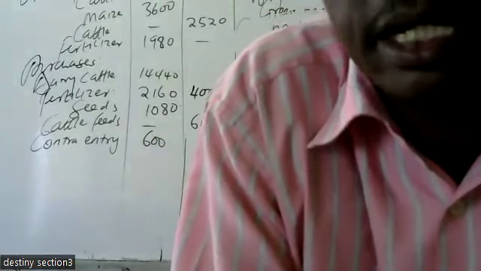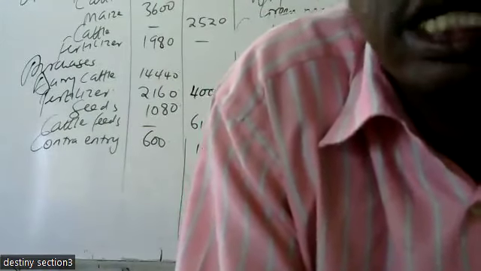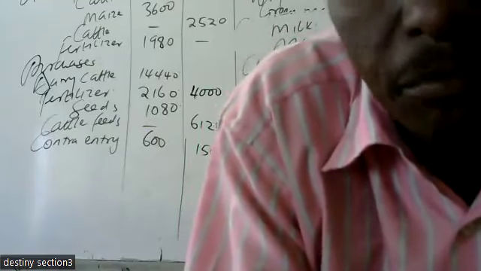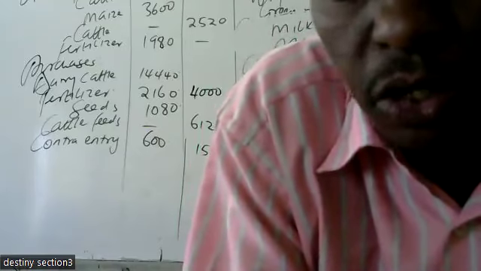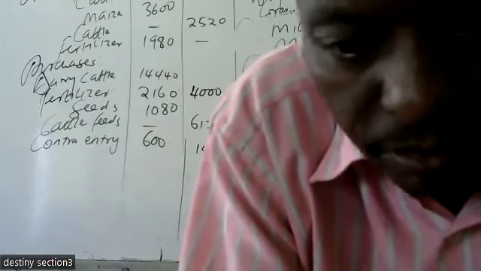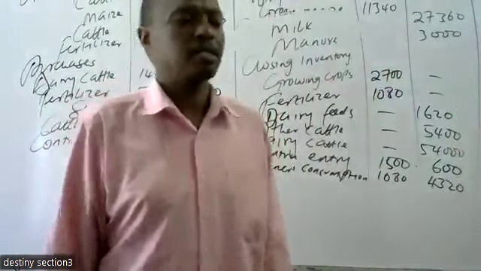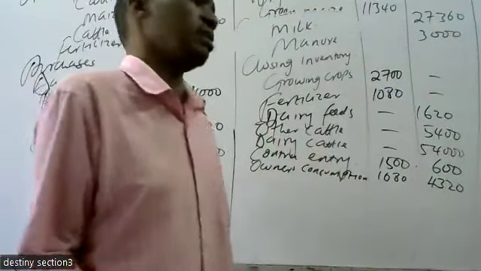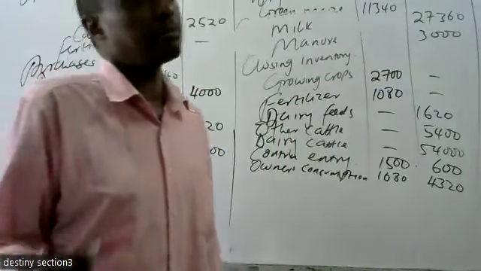Get back to the trial balance. There is somewhere you are going to see expenses. I don't know whether it is crop expenses or something. Add them together. I think there are three of them. Crop expenses, add them together. I think there should be three of them. Add them together and get for me the totals.